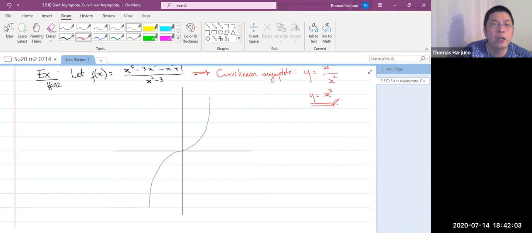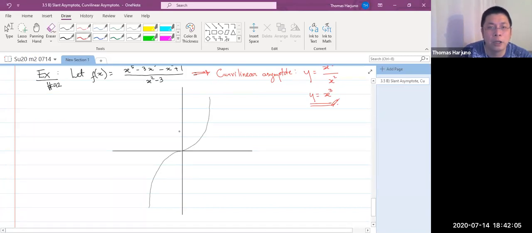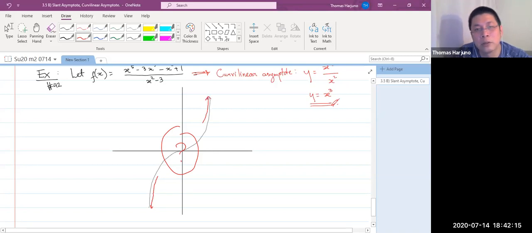Okay, so the way the graph behaves in the middle here, we don't know. But when you go far enough to the left or to the right, then it will get closer to this shape here. Okay, it will get closer to that x cubed.